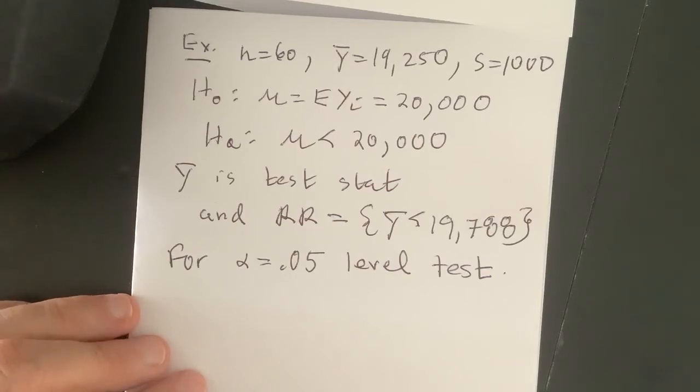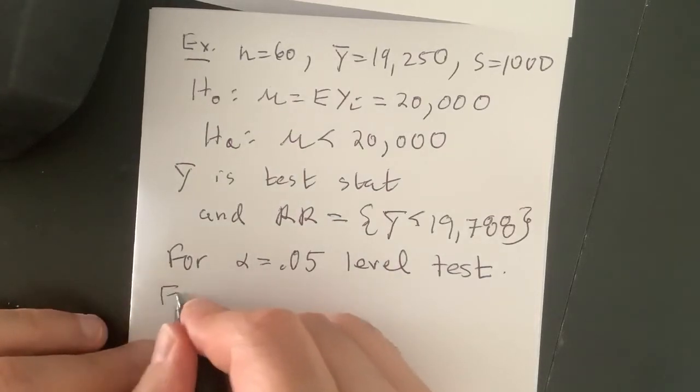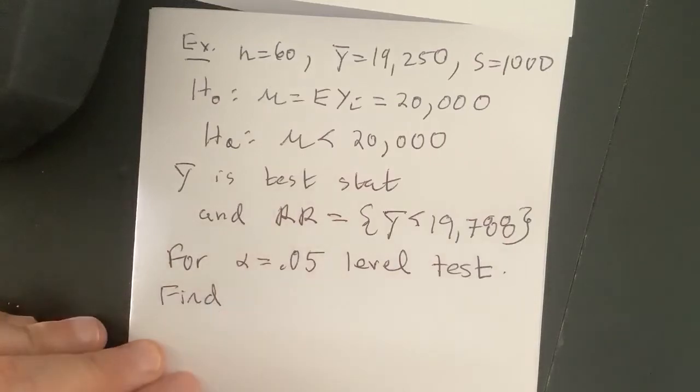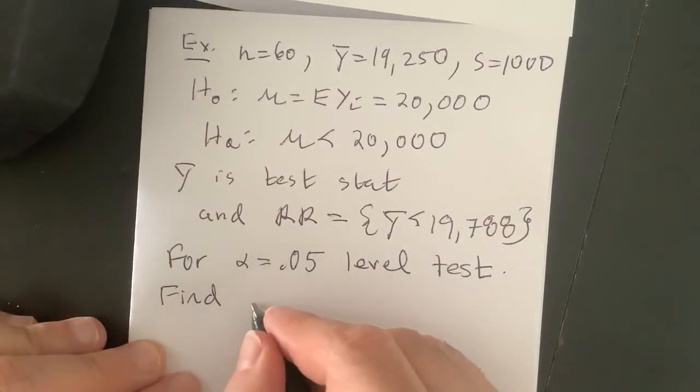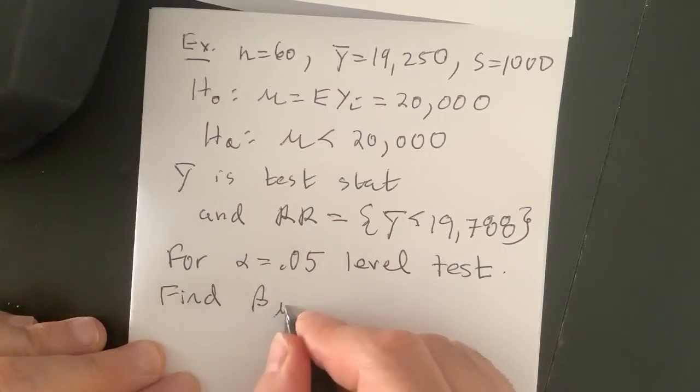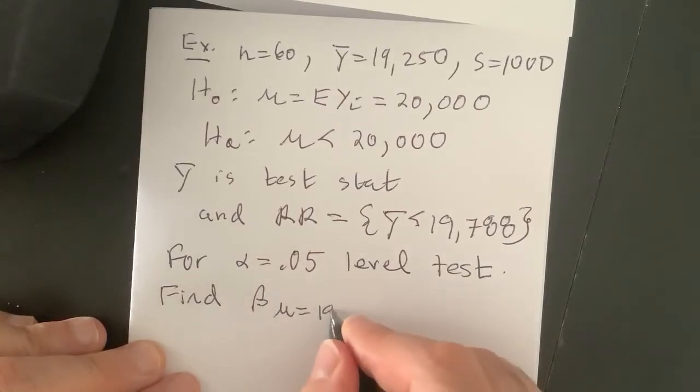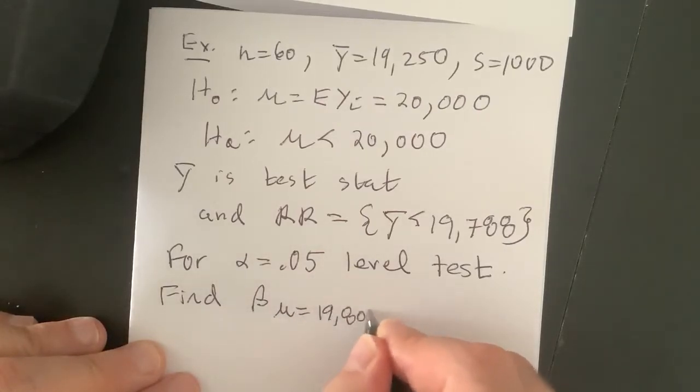Okay, let's compute. Suppose we really want to reject this at 19,800. So find beta at mu equals 19,800.